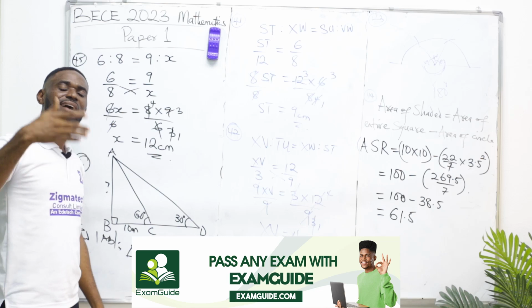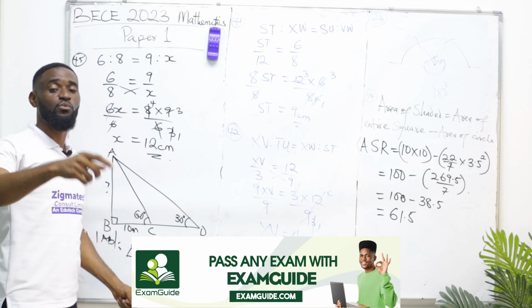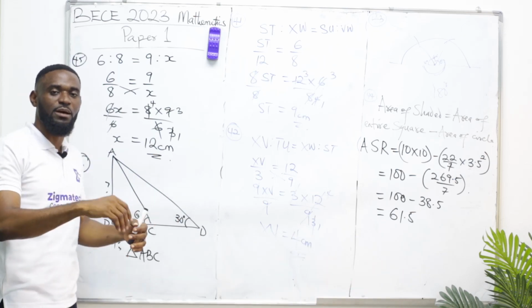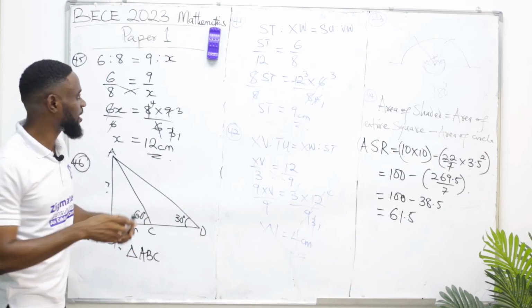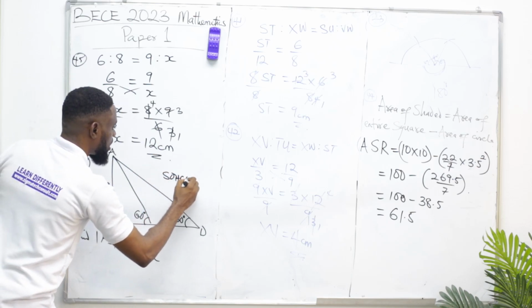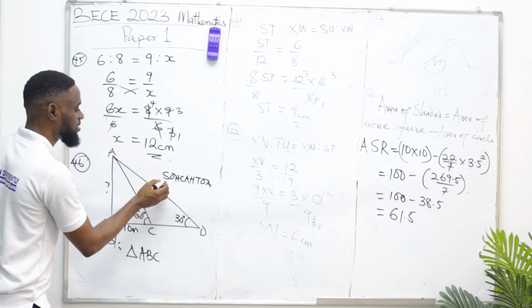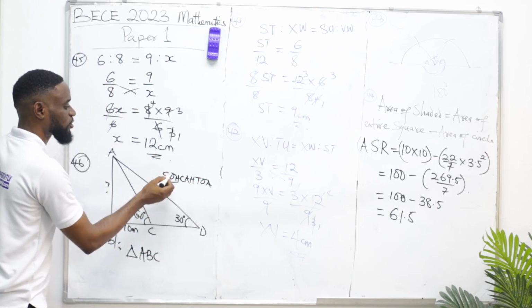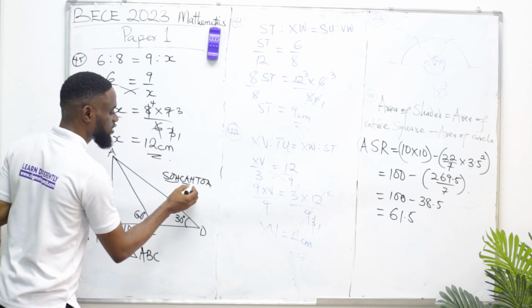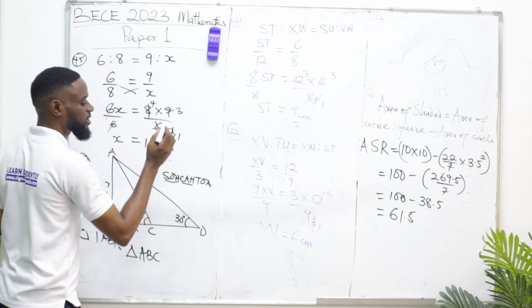How? If you can remember your trigonometric ratios, when you learned trigonometry and you were told something about SOHCAHTOA. I believe you can remember now. SOHCAHTOA, where SOH means sine is equal to opposite over hypotenuse. CAH means cosine is adjacent over hypotenuse.